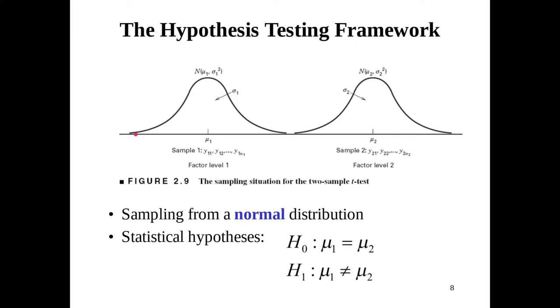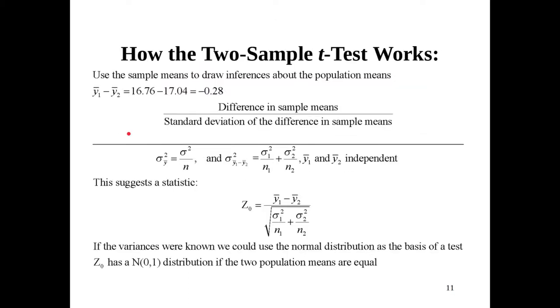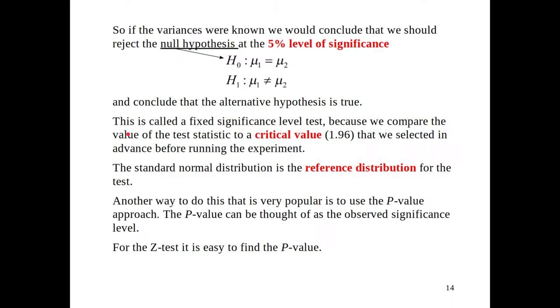Instead of comparing that with the z value of 1.96, we are asking what is the area in the tail beyond minus 2.09, and the same thing on the positive side. If we can just calculate that area, and if it is less than 5%, we should have the same conclusion, right?